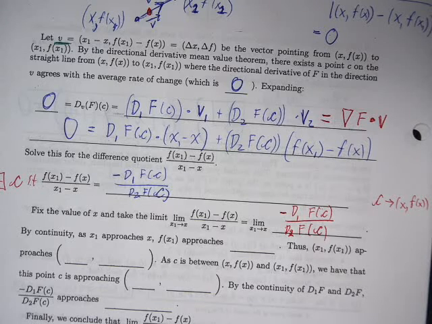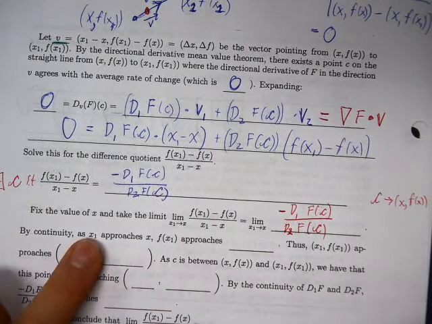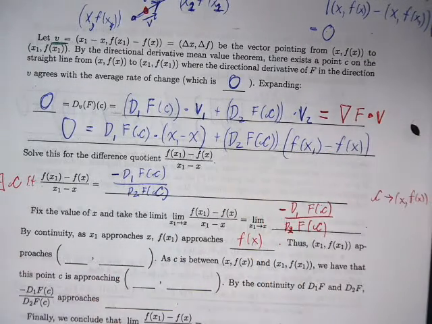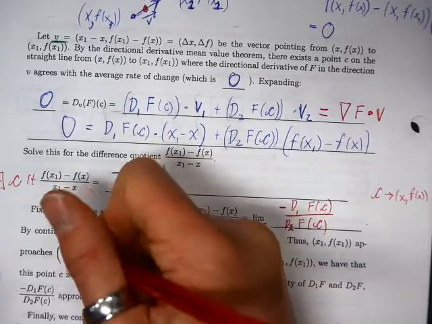Not 0. Let's just unravel those lines about continuity. As x1 goes to x, f of x1 approaches f of x. So those points in R2, (x1, f of x1), what are they getting close to? x, f of x.